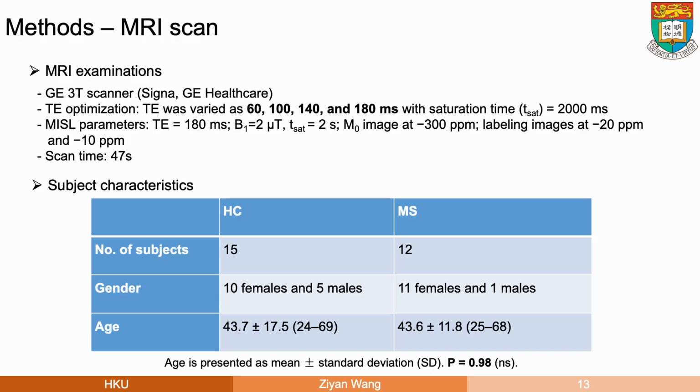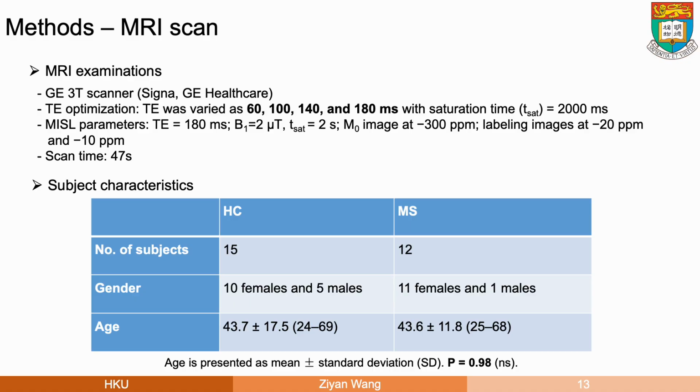MISL MRI scans were performed on the same 3T GE scanner. For echo time optimization, TE was varied at 60, 100, 140, and 180 milliseconds, with a saturation power of 2 μT and a duration of 2 seconds.